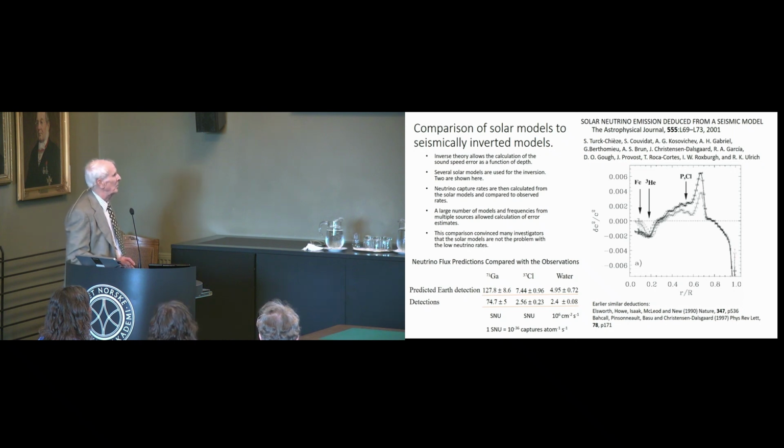The experimentalists would point at the theoreticians making models of the sun, and people making models of the sun would point at the people calculating the neutrino fluxes or calculating the neutrino rates. So there was sort of a trilateral shooting match going on, and this one basically said, no, it's not the models which are the problem.